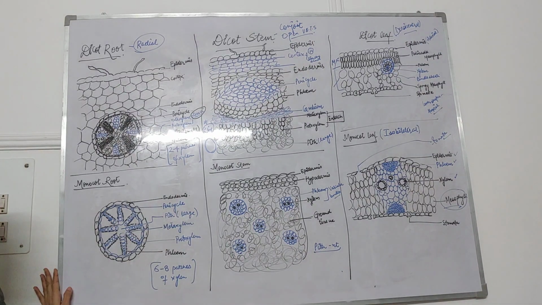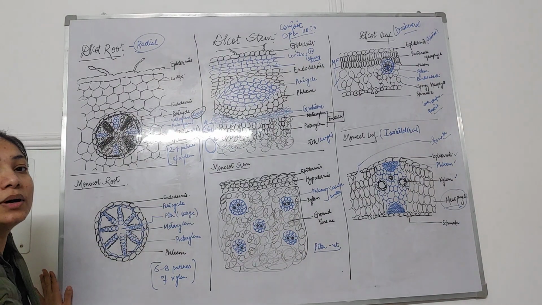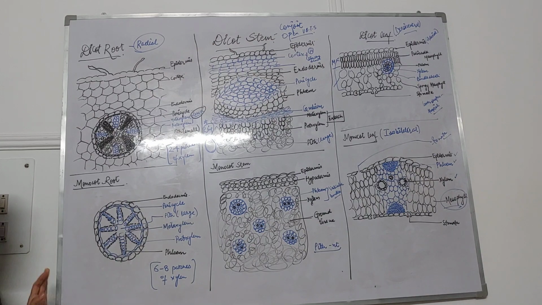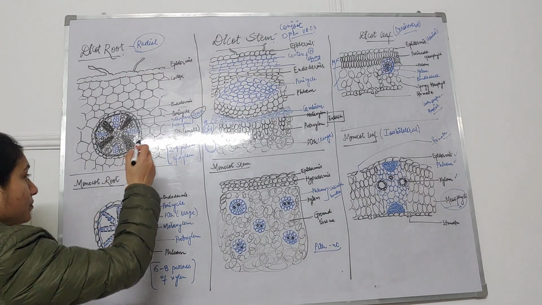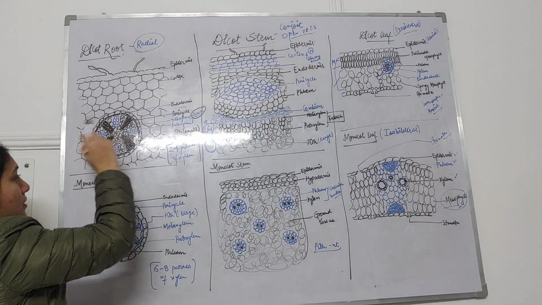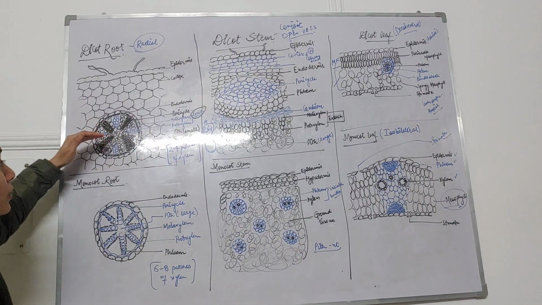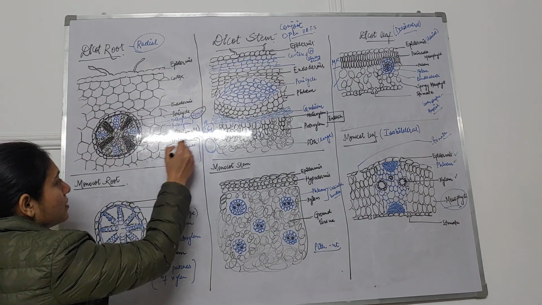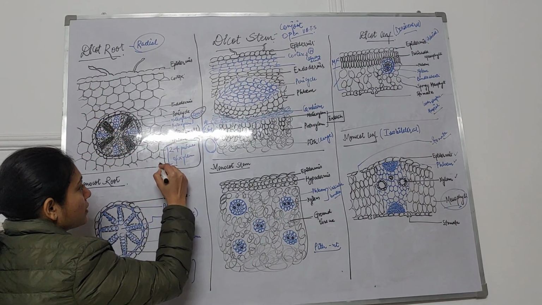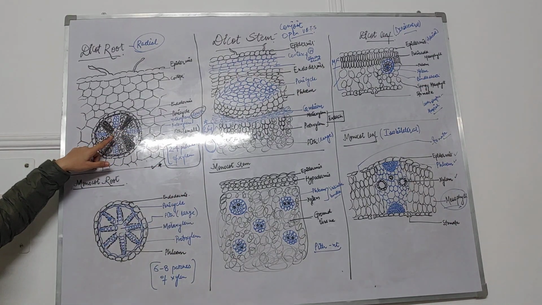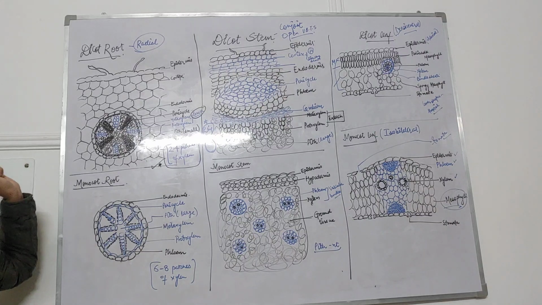As we have seen, in dicots a radial arrangement of vascular bundles is present, which means that xylem and phloem are present on different radii. So in the dicot root, one characteristic feature is that we have only 2 to 4 patches of xylem, and the pith is small in nature.